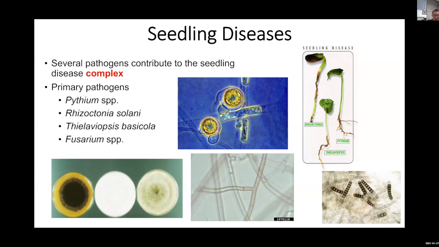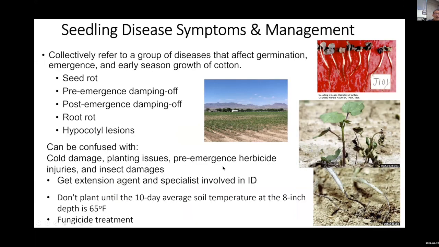In terms of symptoms, it can cause early seed rot before the seed even emerges from the ground. And after the seed emerges, it can also cause post-emergence damping off.